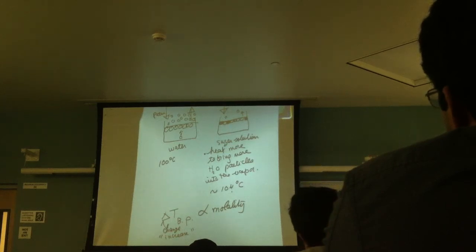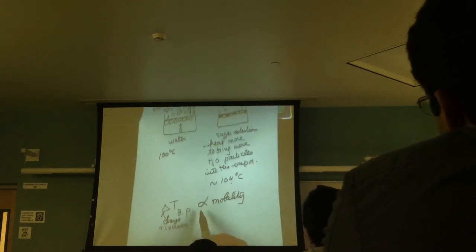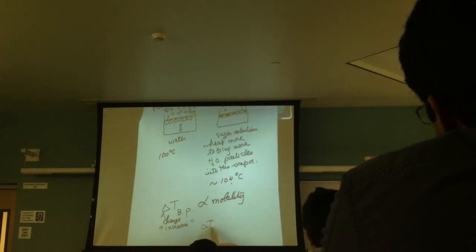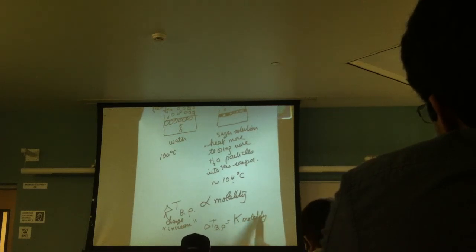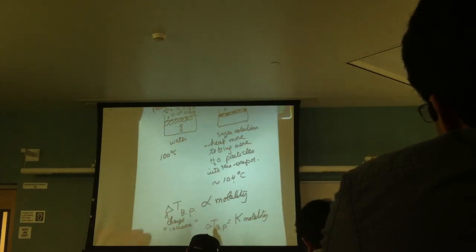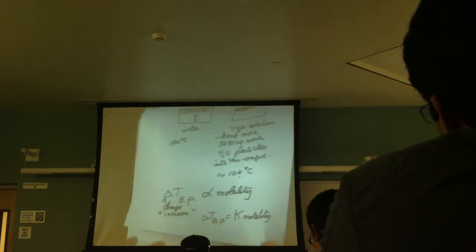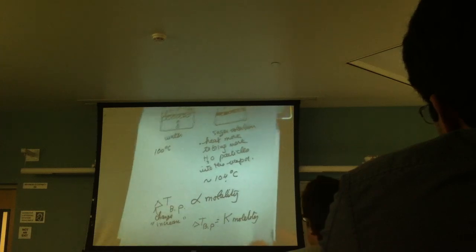My teacher told me to remove proportional, and if you want to put equal, you have to put a constant. The increase in the boiling point depends on the concentration. The more sugar you add, the higher the boiling point.